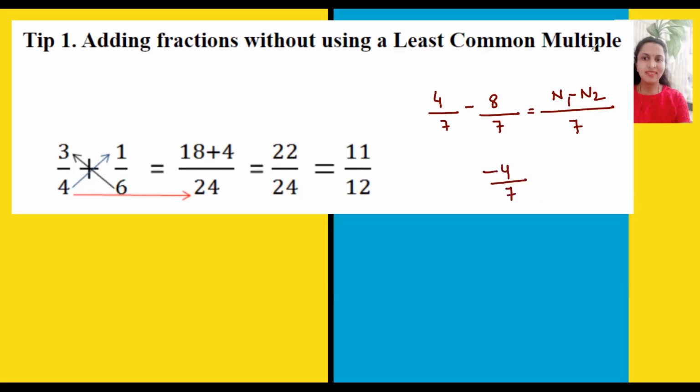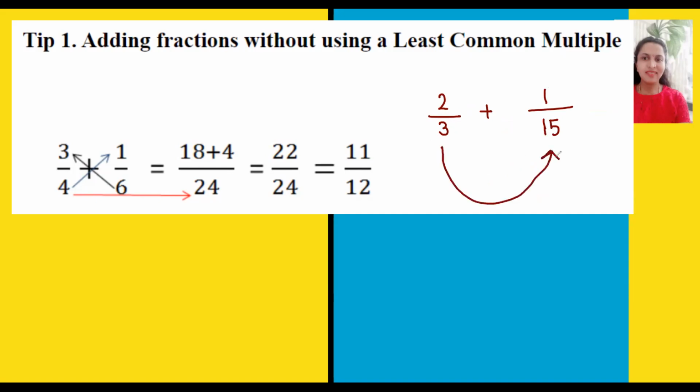Now the trouble arises when we have different denominators. There are different cases. Suppose like this. You can see 3 can be easily converted into 15, and then we can make our example a like fraction.